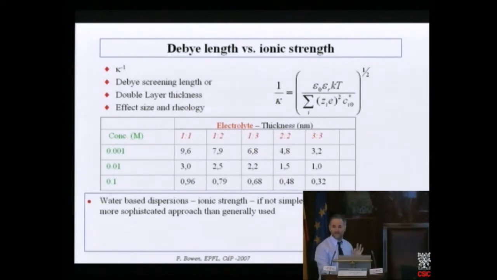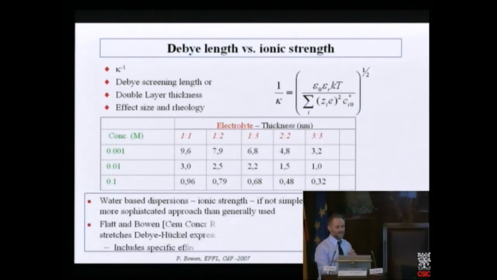I've done a lot of work on cement, which is quite complex, because normally in ceramic processing, we're working with relatively simple electrolytes. Cement is quite complex. There are 7 different species. So then you have to work out an equivalent electrolyte.